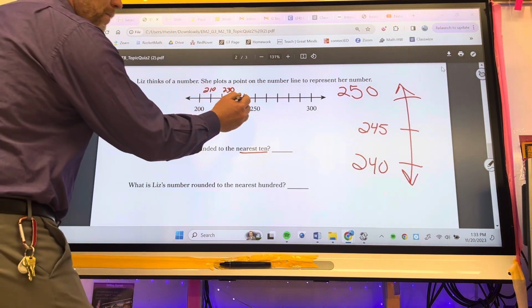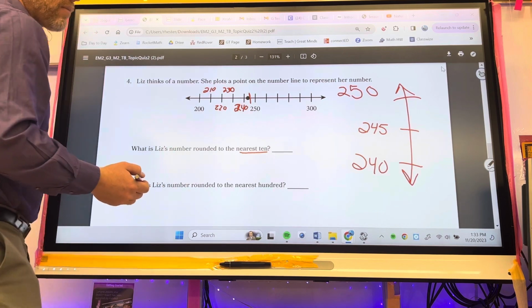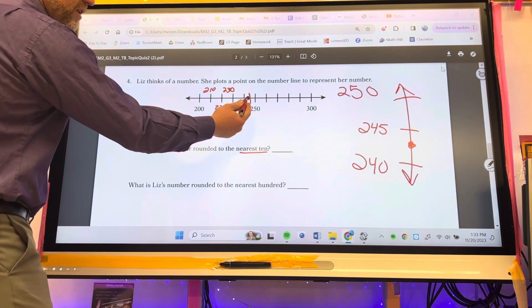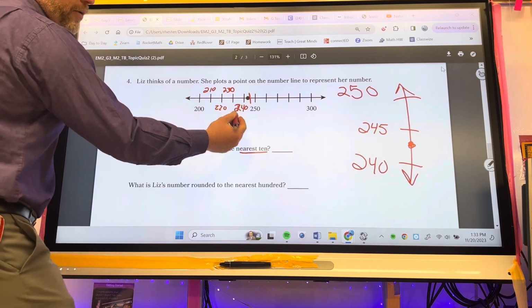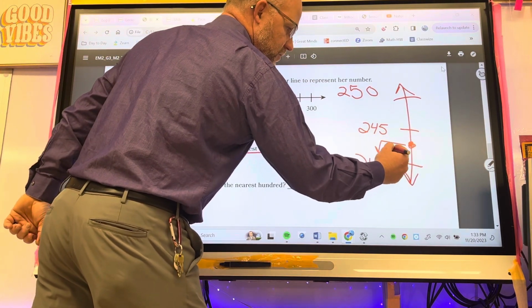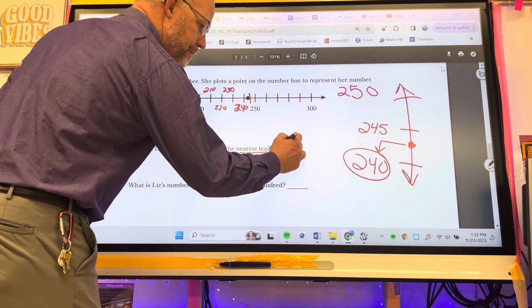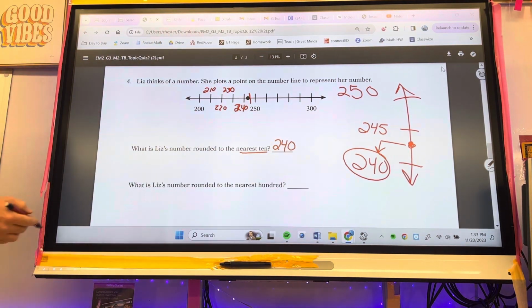So this dot is below or to the left of the middle. So that means it rounds down to 240. Now on the next one, it says round to the nearest 100.